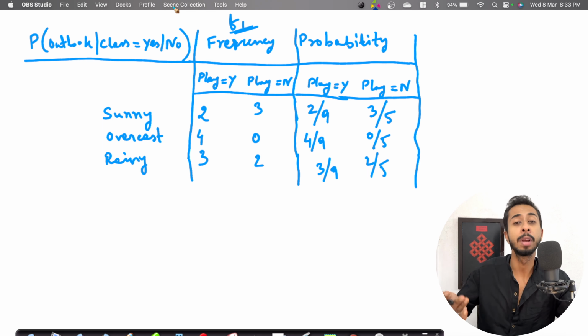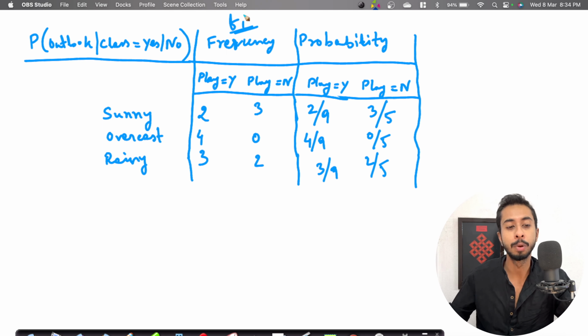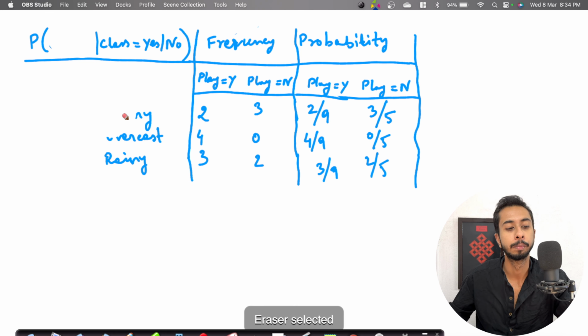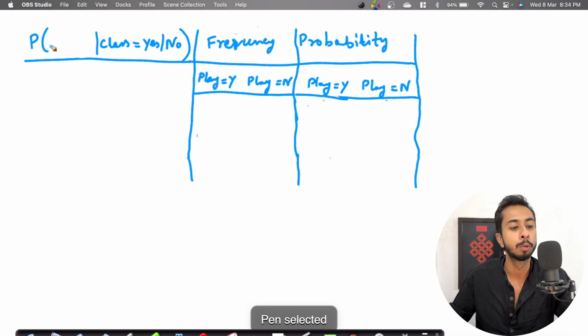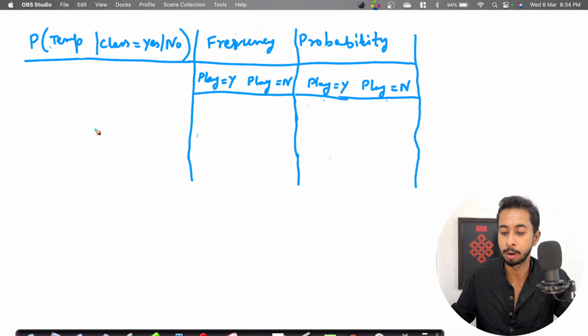In the same way, we'll have to find out for F2. I'll do it in this table. I'll just edit it. You remember the values? Do it in your copies, you will have the values, because we will be needing these values. I'm just deleting this to save my time. So let's say this is temperature. What are the values?